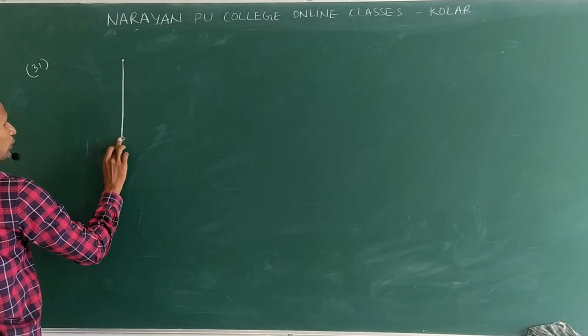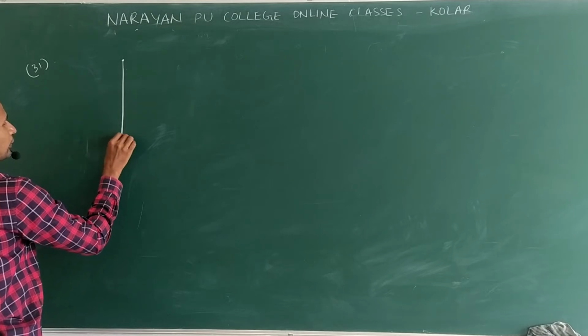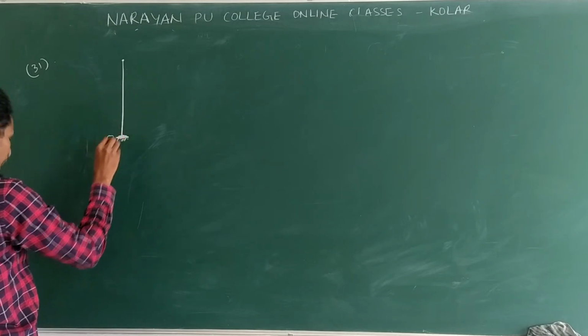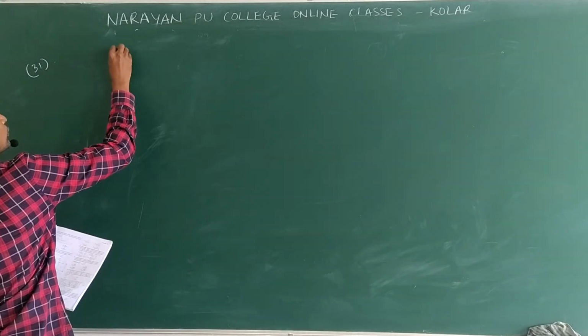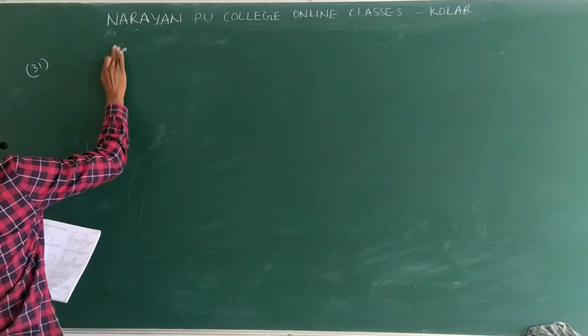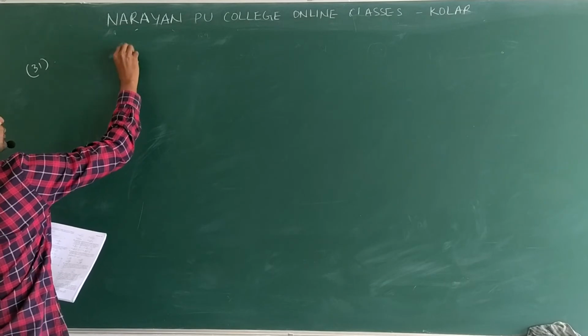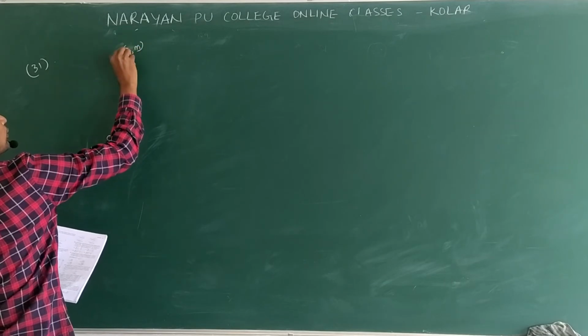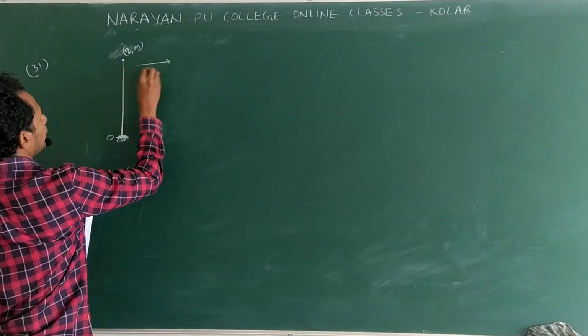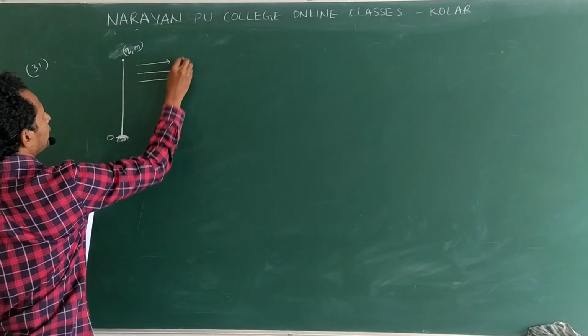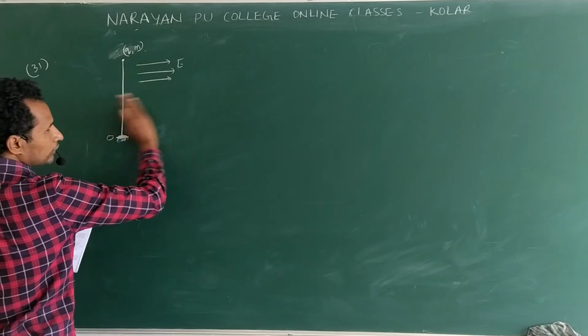This is point O. Here they fixed a point charge Q, mass M, and an electric field is applied in this direction.